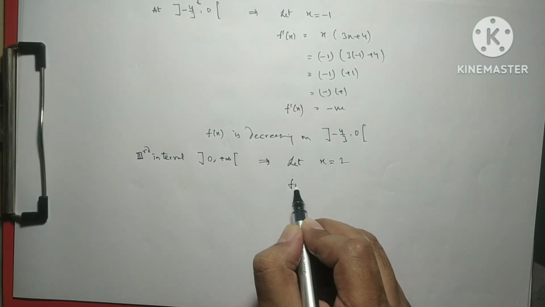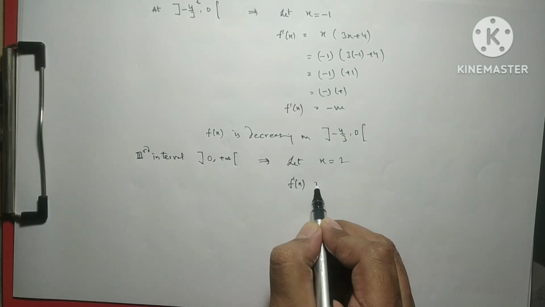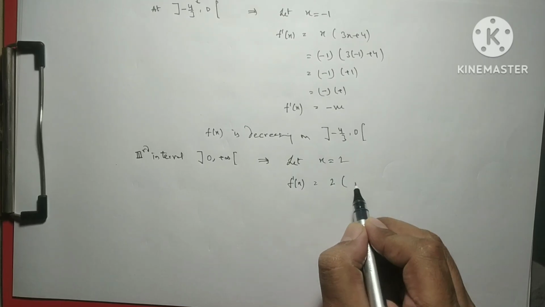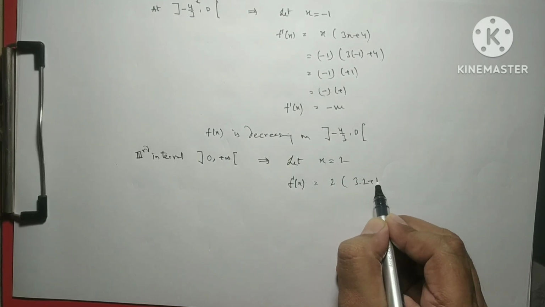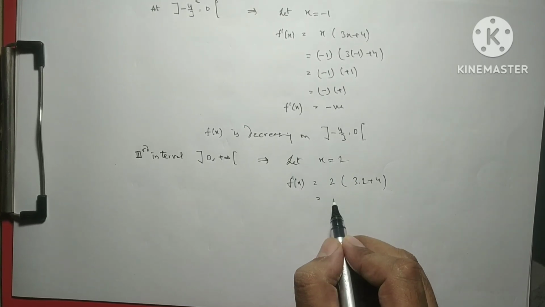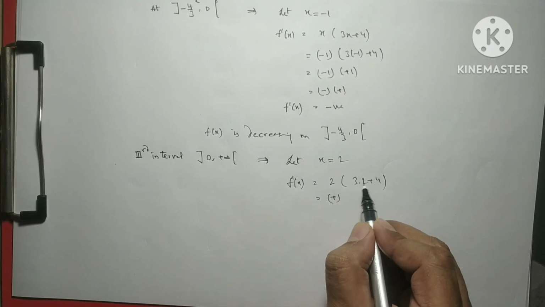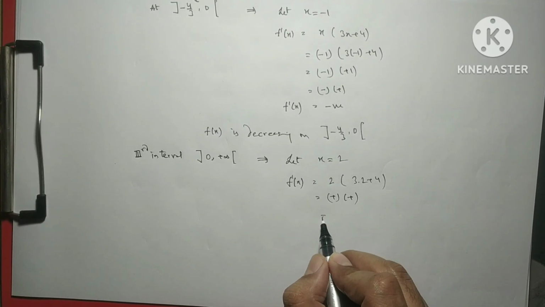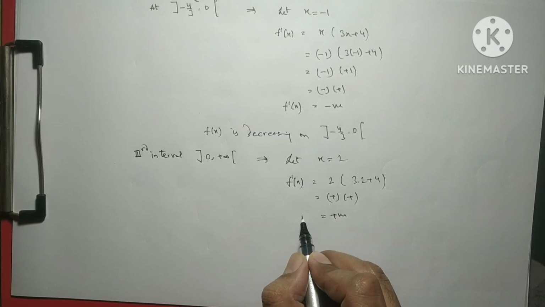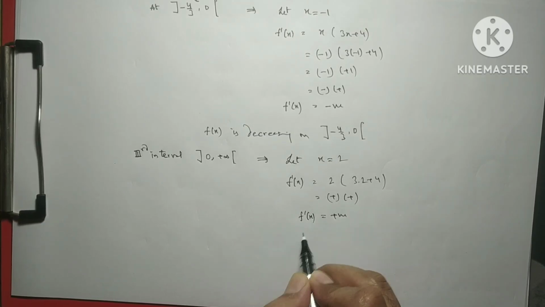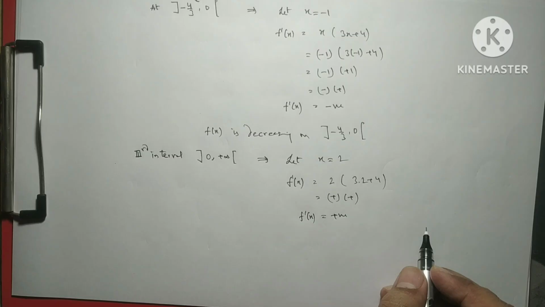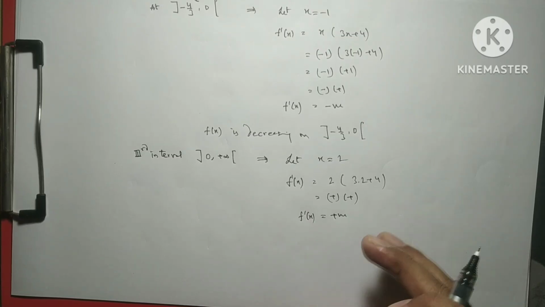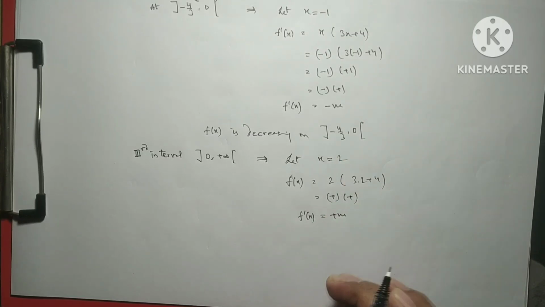On putting this value, f dash x will be 2 into 3 into 2 plus 4. So the first factor is positive, and this is again 10, it is also positive. So the multiplication of two positive factors is positive, which means f dash x is greater than 0, or you can say positive. So the function is increasing on this.